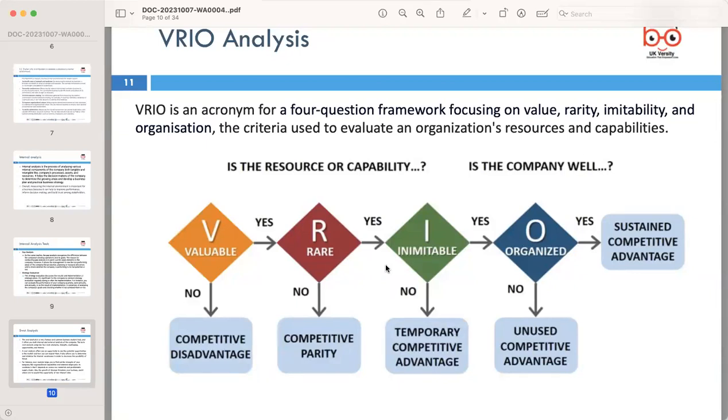So nobody can imitate it. It's not easy to imitate Google's data. The fourth one is organization, evaluating how your company is structured to capture value from these resources. So Google organizes its IT and HR departments to maximize this capability.